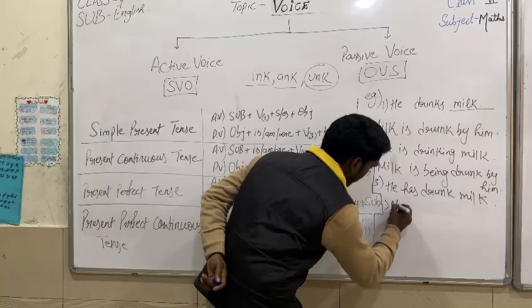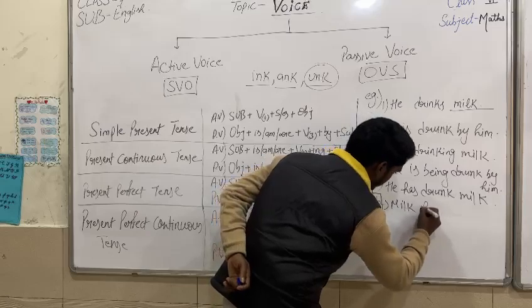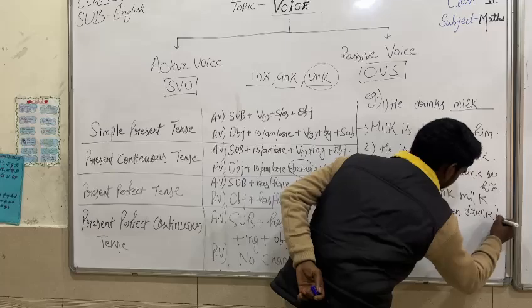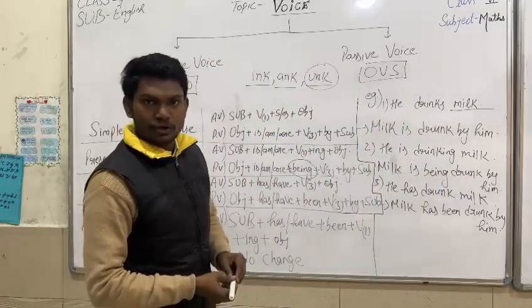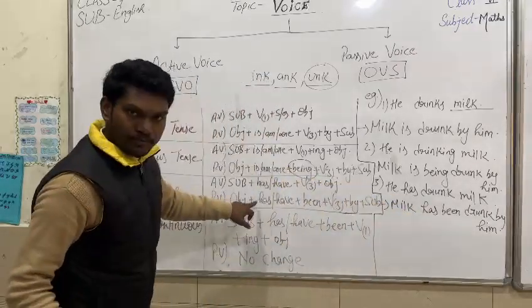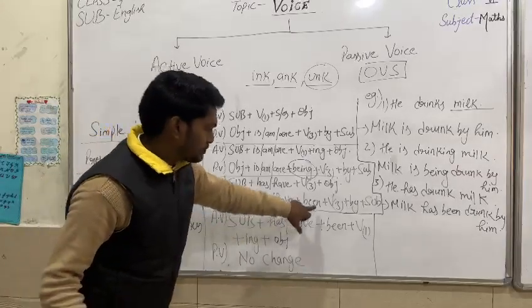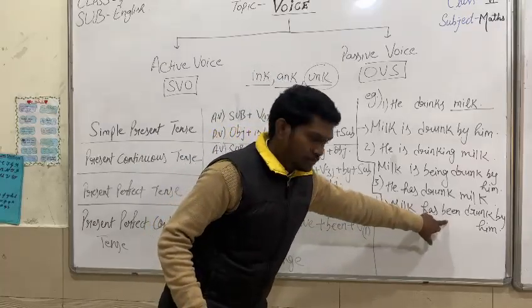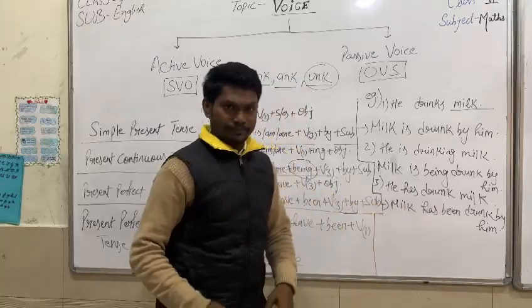So, we have changed the sentence into passive voice. You can see here, milk has been drunk according to the rule. Recall the rule again. It is object plus has/have plus been plus third form of the verb. You can see here, object is milk, has been, third form of the verb drunk, by him. Milk has been drunk by him.